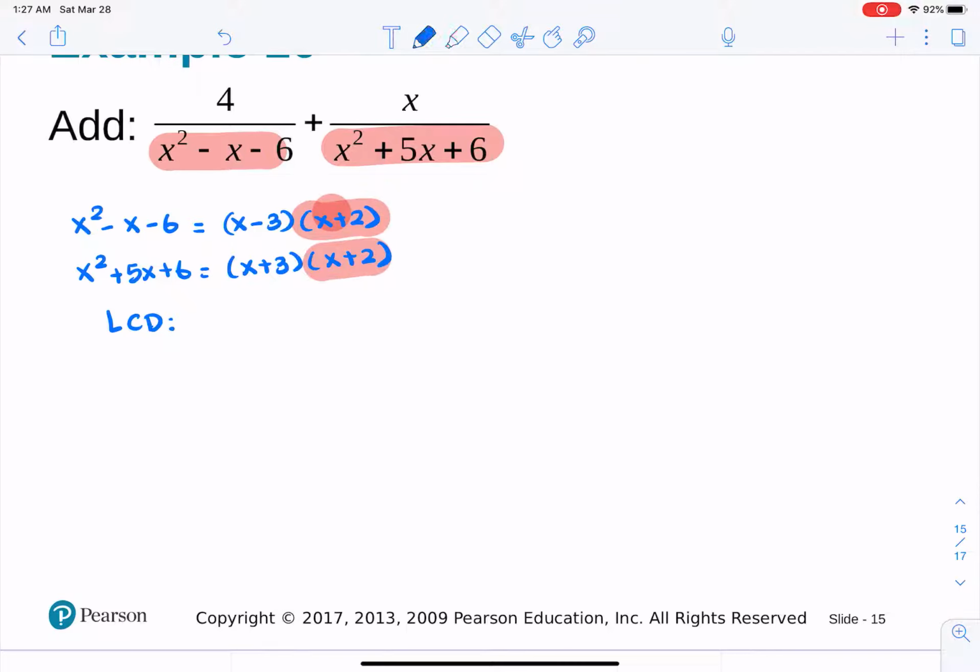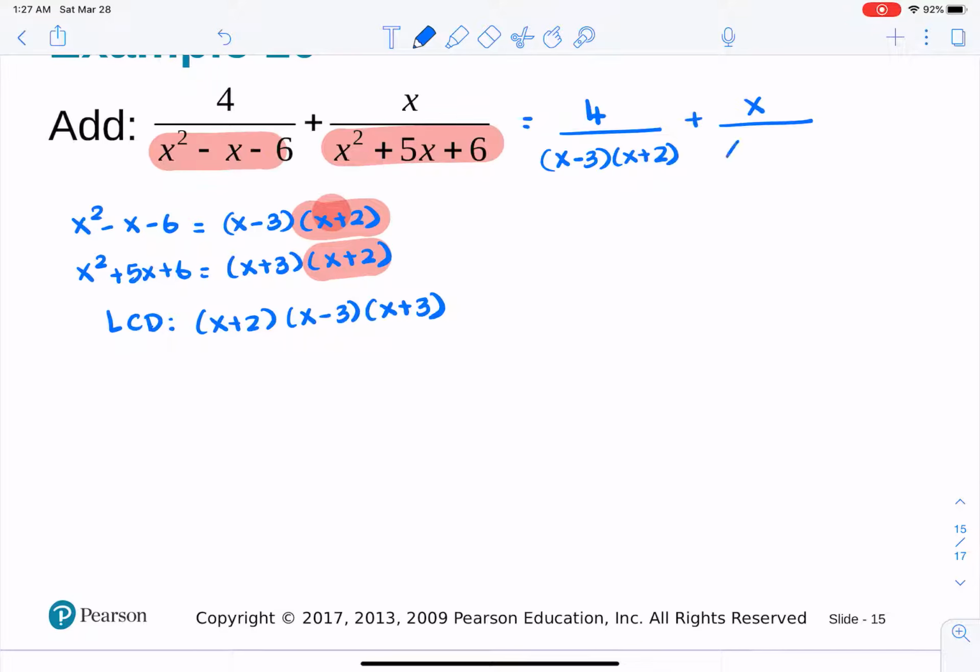The others have nothing in common, so we simply write them down. So let's start by rewriting the denominator in terms of its factors. X minus 3 times x plus 2 in the first denominator, plus x divided by x plus 3 times x plus 2.